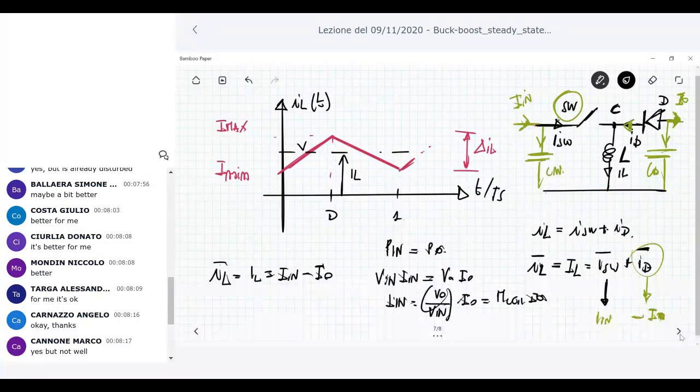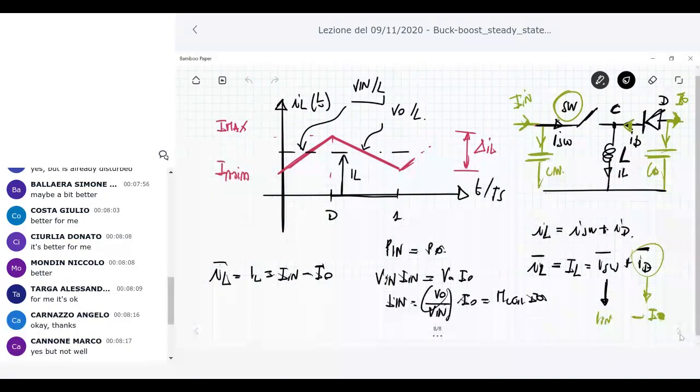For example, this slope here, which is V in over L, or the slope here, which is V naught over L, and take into account the time interval in which this slope happens. V naught over L is across 1 minus D. V in over L is the slope for the time interval which is D.